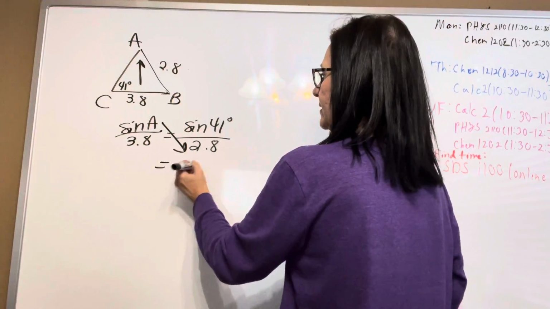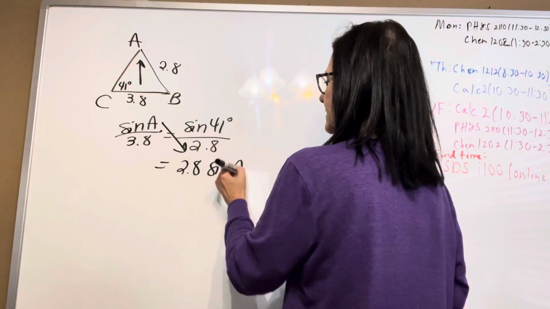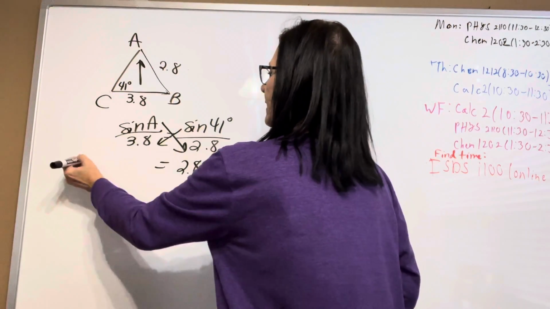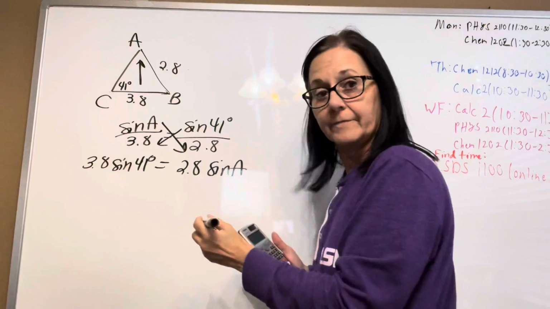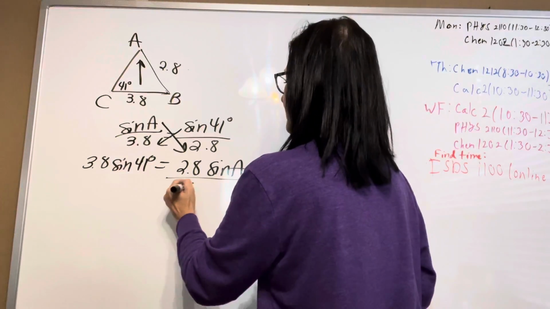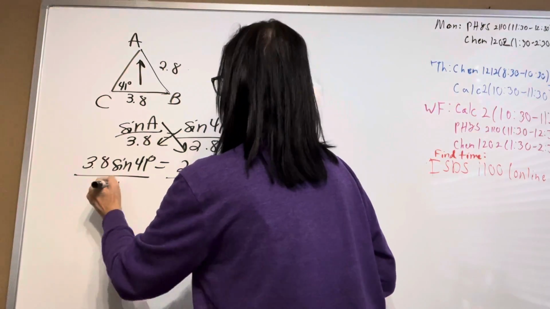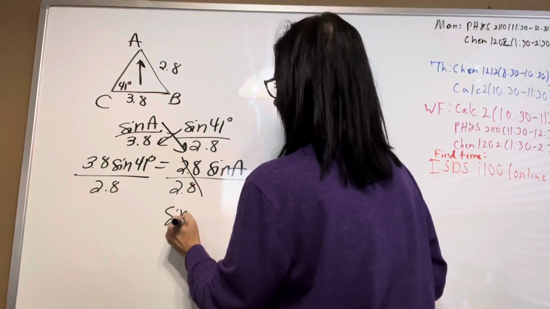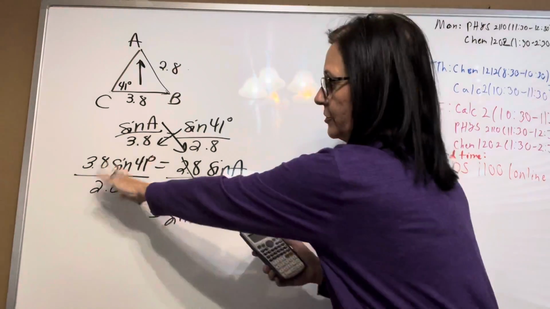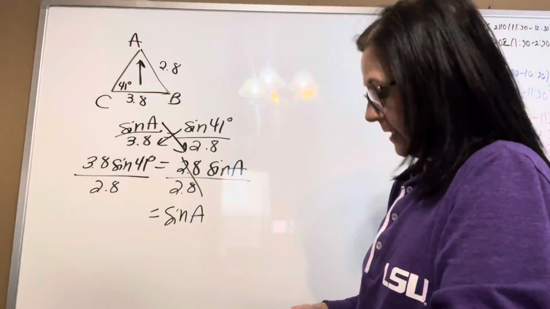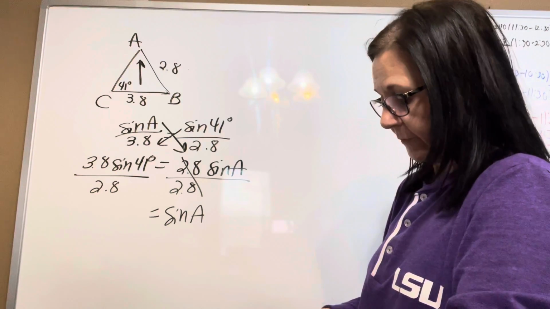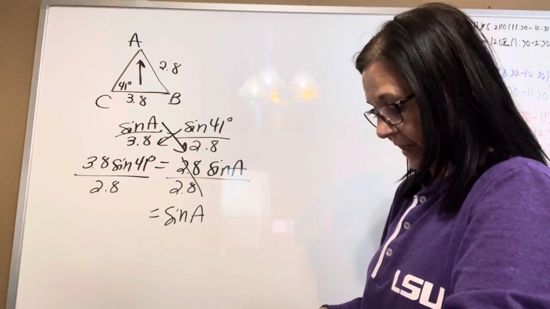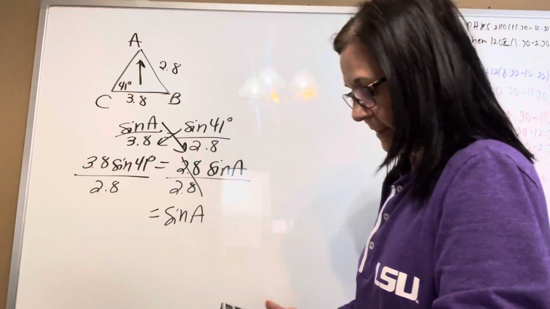Cross multiply. 2.8 times the sine of A equals 3.8 times the sine of 41. Divide both sides by 2.8. So we have the sine of A. I'm going to do this in my calculator: 3.8 times the sine of 41, hit equals, then divide by 2.8.